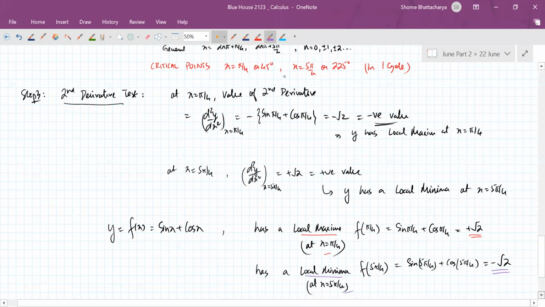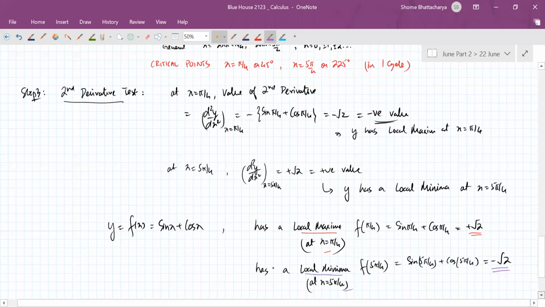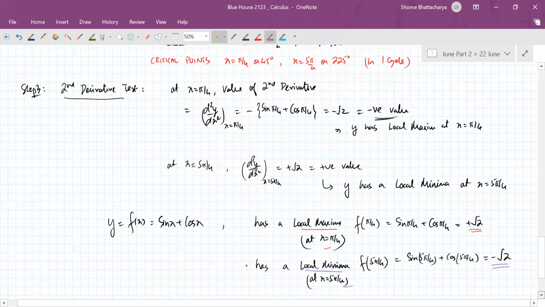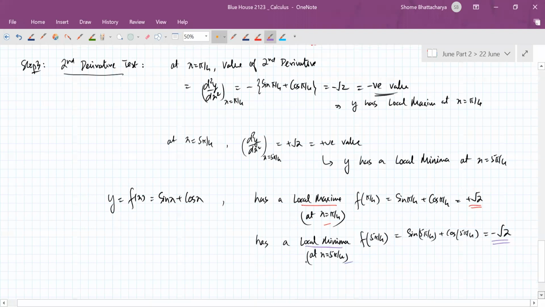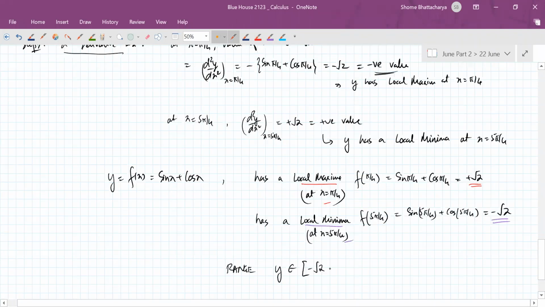So now we can see that because the function is periodic, our range is limited to this. It does not come below minus root 2, and it does not go above root 2. The values of y are like this. And of course, x we have seen belongs to the set of all real numbers. So that becomes a critical analysis of this particular function.